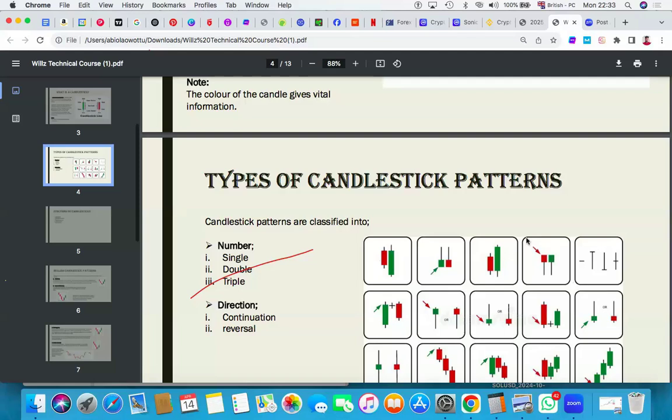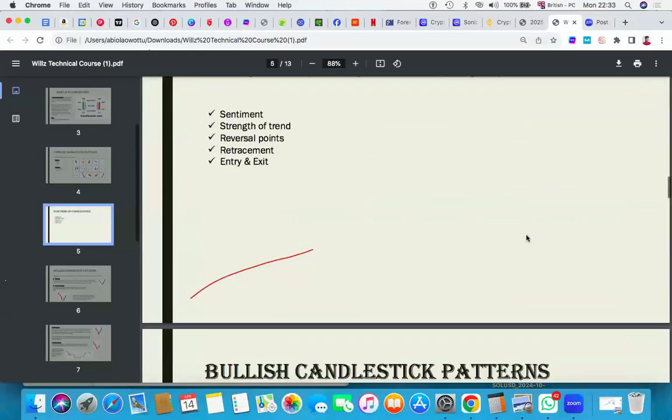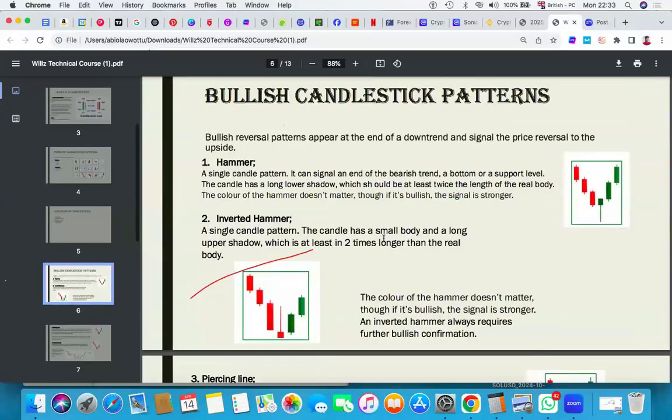So the example we gave to you here, right? For the bullish scenario here, you will always see a hammer which is green, but it doesn't mean that you cannot see a hammer that doesn't come with a red, bearish candle. If it's bullish, it makes the trend stronger.